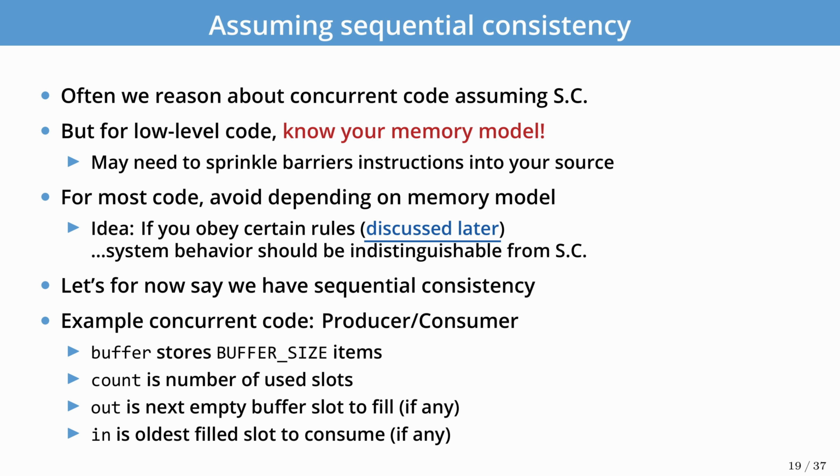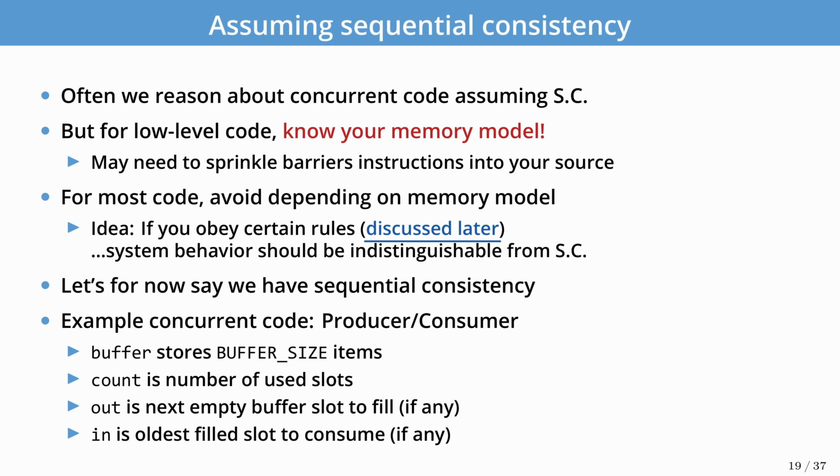For low-level code where you're doing synchronization, you're going to need to use atomics and barriers correctly in the source code to ensure that the compiler understands when there is communication between threads and where there might be non-sequentially consistent behavior if the compiler does a reordering operation.